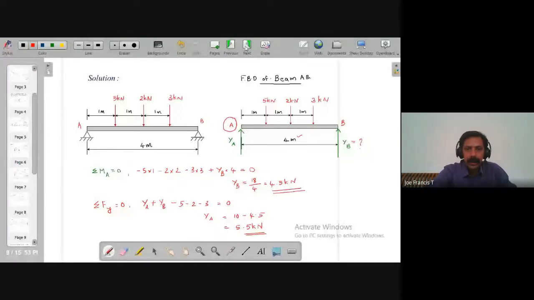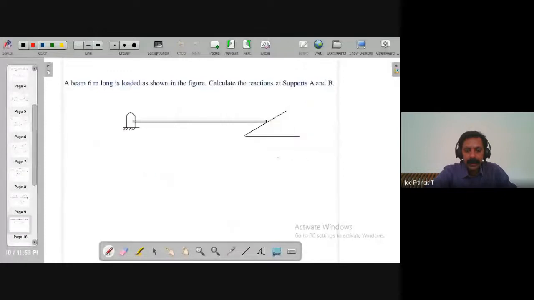Okay, this is a slightly different problem, right? A beam 6 meter long is loaded as shown in the figure. Calculate the reactions at A and B. You have a beam AB.